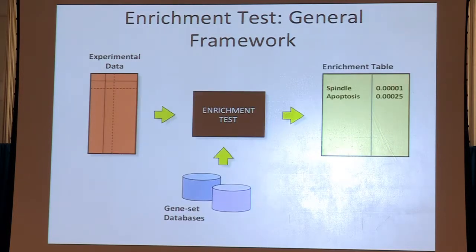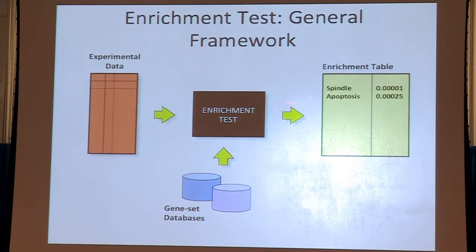Okay, so I'm going to now focus more and talk about pathway enrichment analysis. The general idea, I think I mentioned this yesterday for people who were in the workshop, is you are taking a list of genes and a list of pathways, and you're trying to find out if any of the pathways are enriched in this gene list compared to what you'd expect given all the genes in the genome.